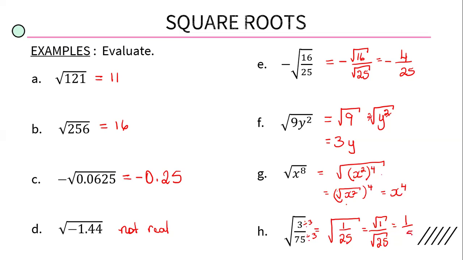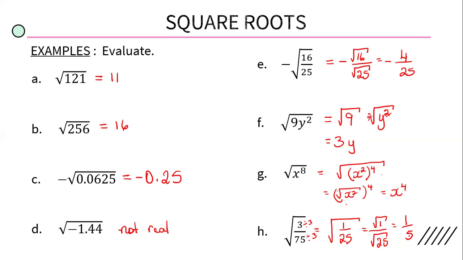Now, for those of us who are using our calculators, when we put in our square root in a fraction symbol, and we put our 3 over our 75, we get 0.2.